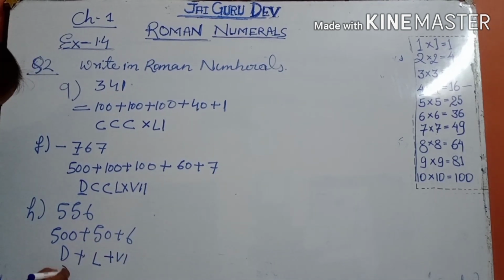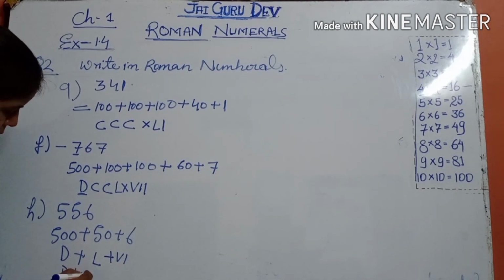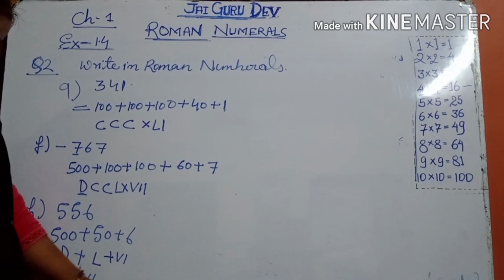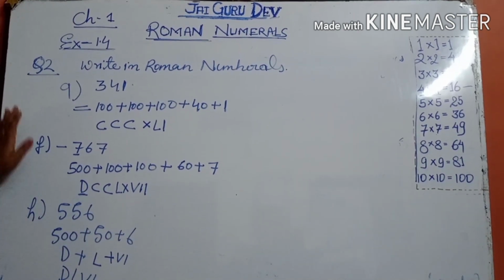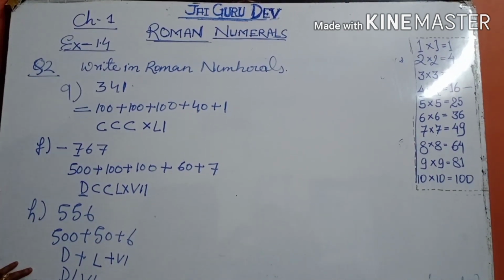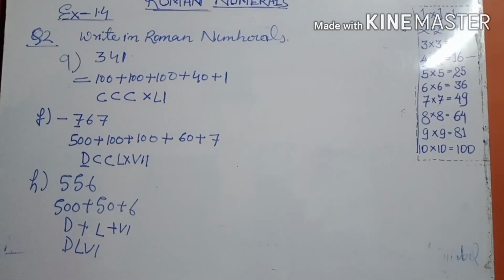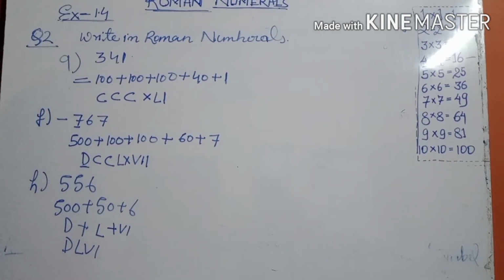It will be D, L, V, I. So simple. In this way you can do the remaining parts of question number 2 also. Then we are moving to the last question of this exercise.